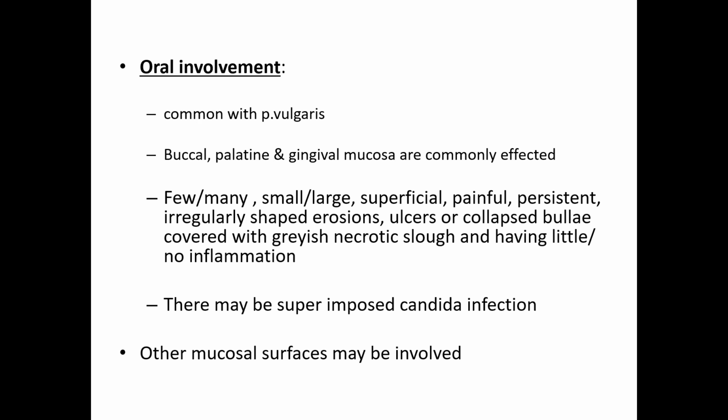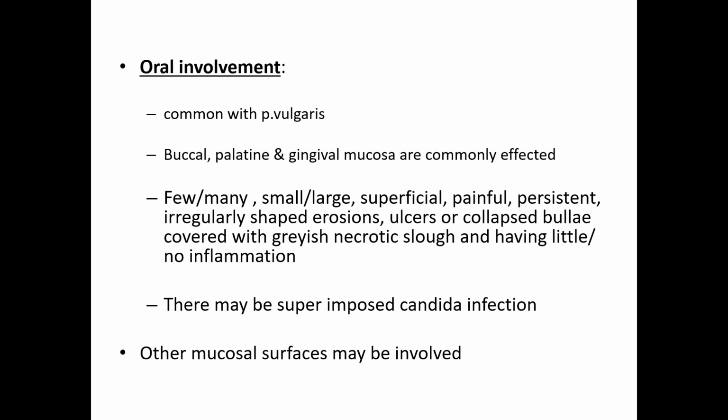Buccal, palatal and gingival mucosa are the commonly affected sites. Painful, superficial, persistent erosions of irregular shape can be seen, covered with a necrotic slough, with little or no inflammation in the oral mucosa.